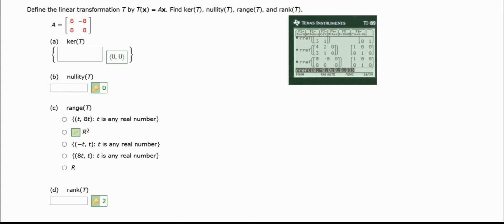So we take this matrix and we solve. I'm solving the null space, and you can see from my graphing calculator we end up with this.